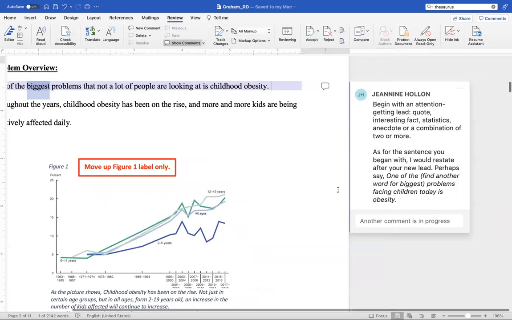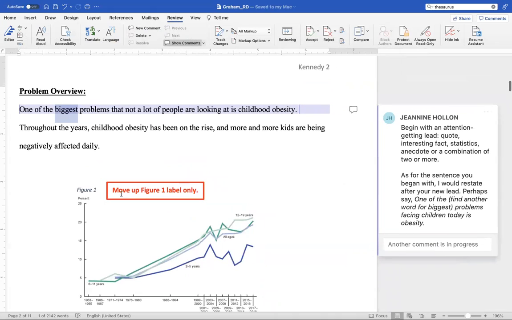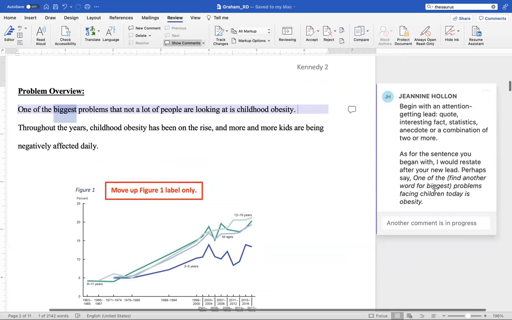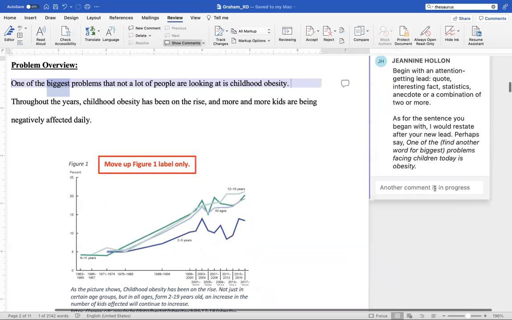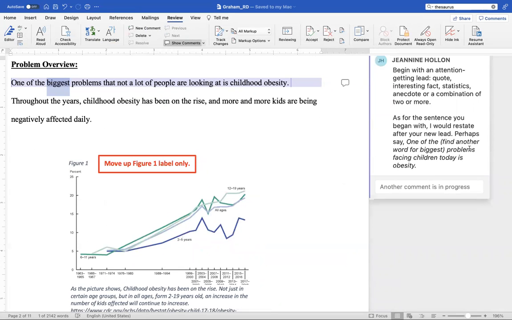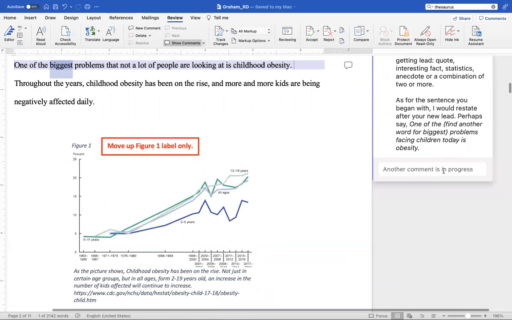So, attention: you don't have an attention-getting lead and you need to have one. As for the sentence you began with, I would restate it by saying something like, one of the, find another word for biggest, problems facing children today is obesity.